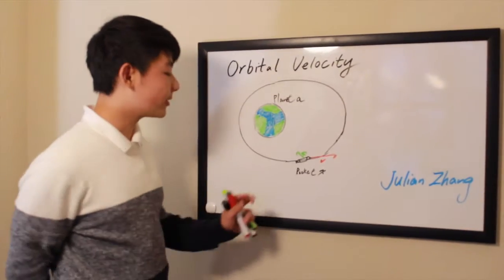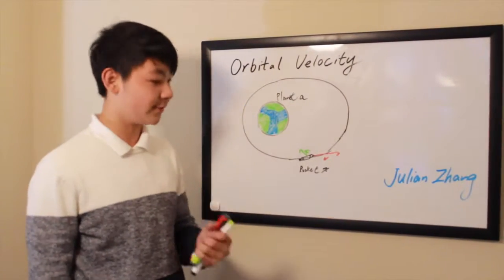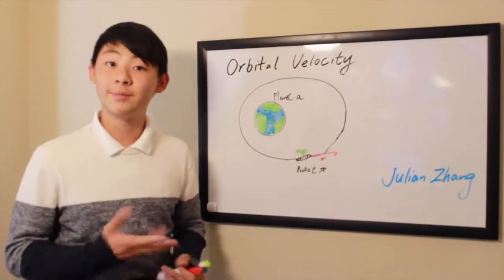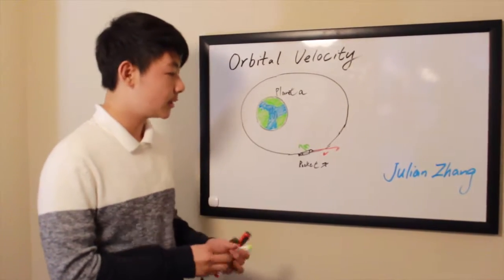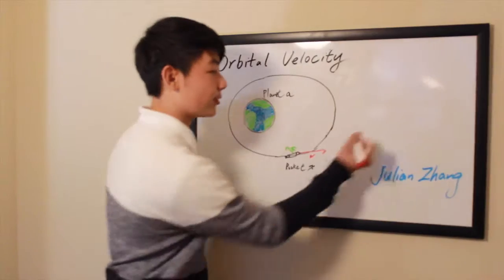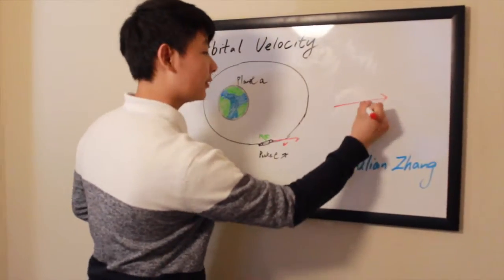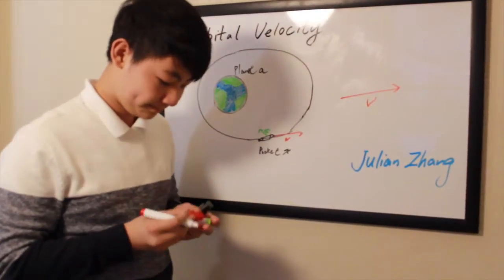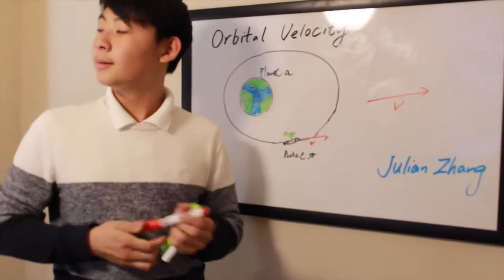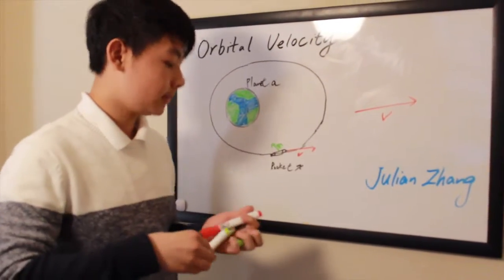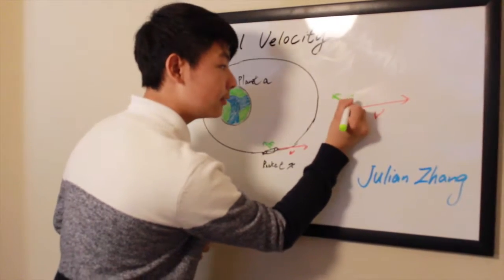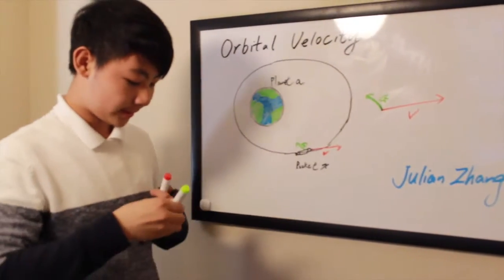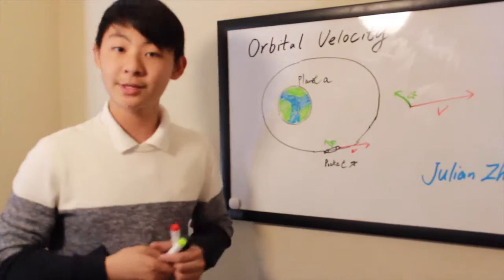Okay, so now we figure out the two components of the orbital velocity. We're now going to add them together. We're going to do something called vector addition. So we're going to have the red marker as forward velocity and the green vector as the gravity vector. So we now have these two vectors pointing at different directions.